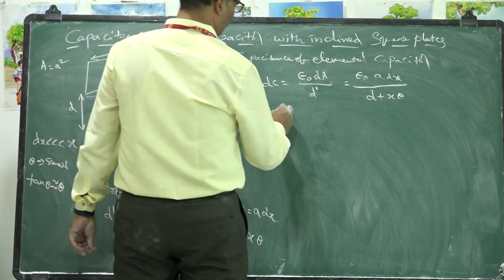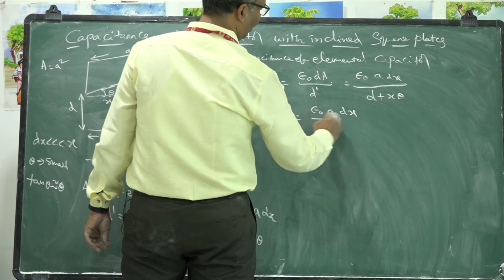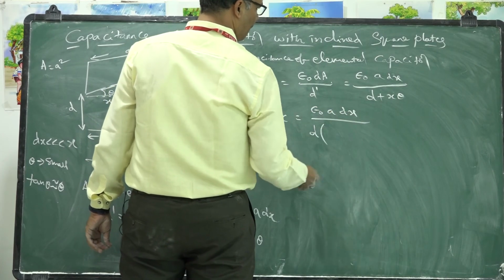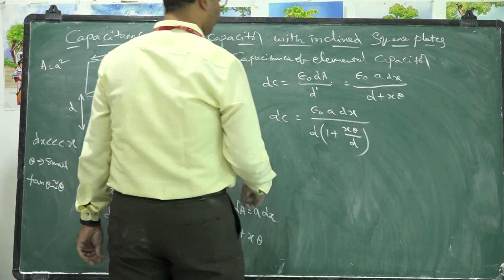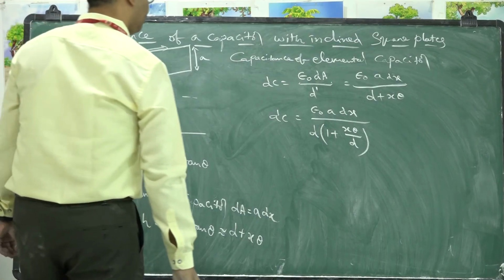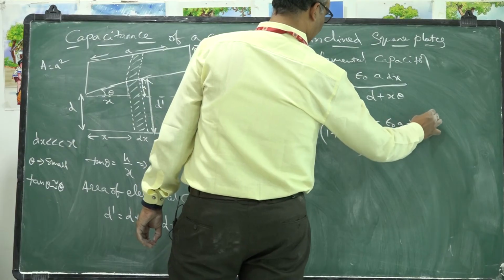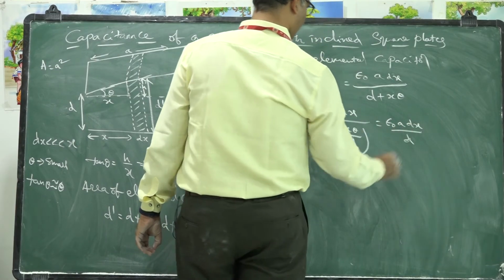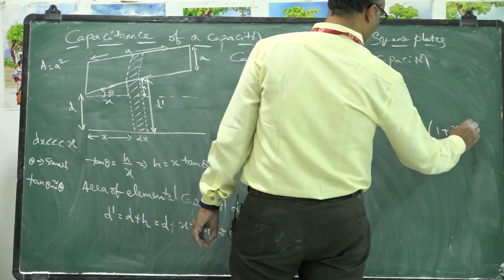So dC is equal to epsilon naught a dx by, if I take d as common here, d into 1 plus x theta by d. Take it to the numerator: epsilon naught a dx by d into (1 plus x theta by d) whole power minus 1.